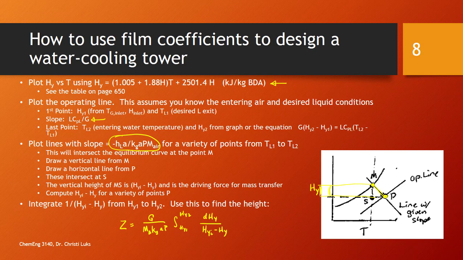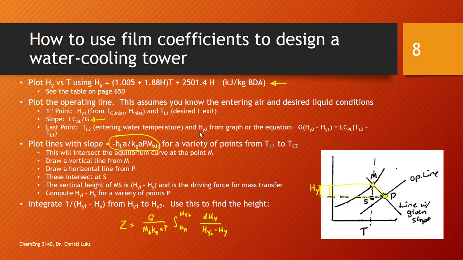Typically we get that by figuring out our flow rates, and the slope of the operating line is L C sub P over G. So I can take my starting point and the slope to extend that all the way to T sub L2 and use that to figure out what H sub Y2 needs to be.